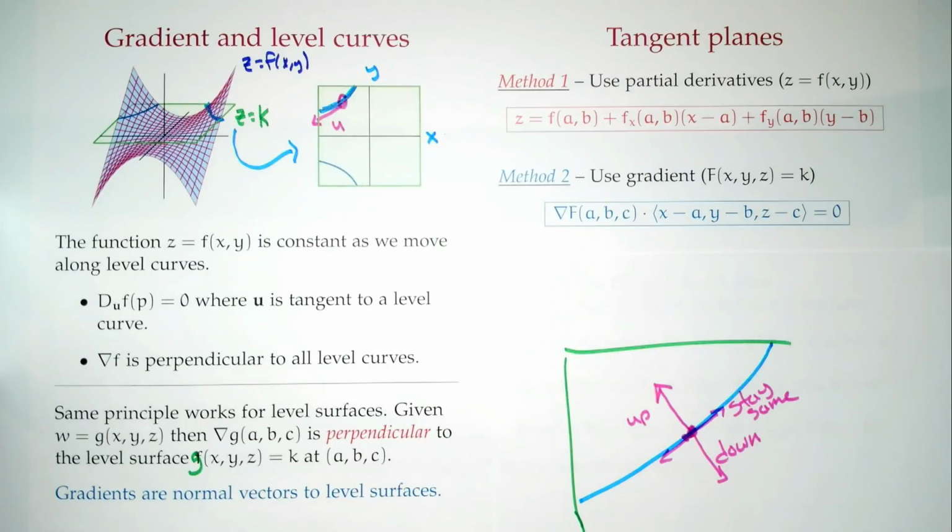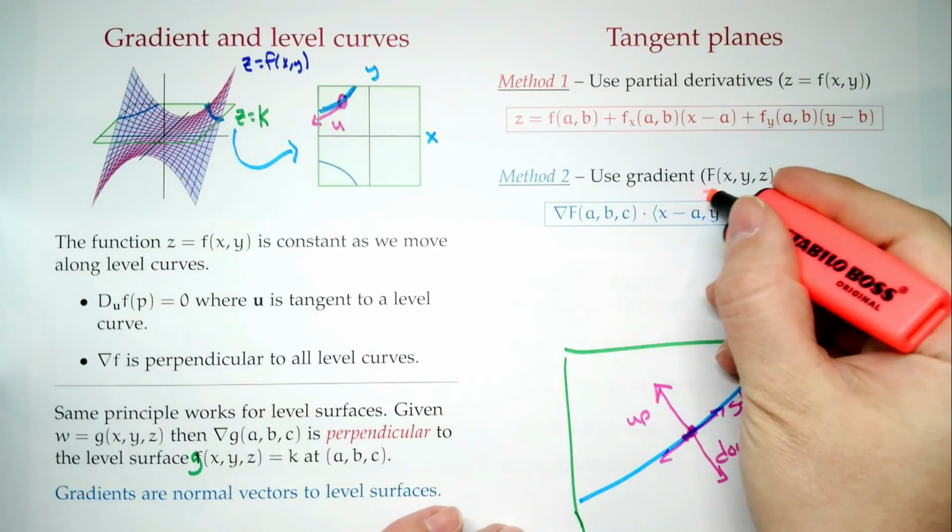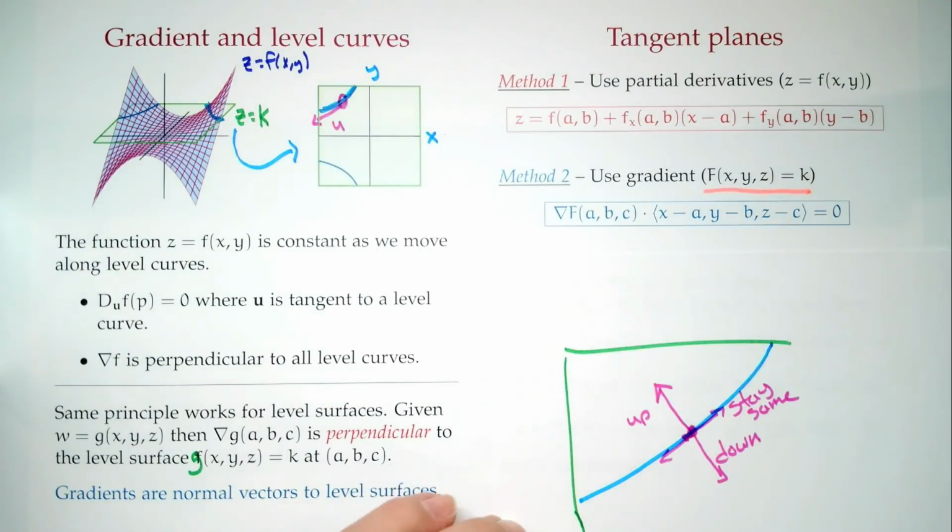Now there's a second method, and the second method is used in a slightly different setting. The first method is, suppose I have z written as a function of x and y. The second method says, suppose you don't have that. Maybe you can't even get it. But you have an expression of the form f of x, y, z equals k, where k is a number. Now, the key here is to say, wait a second, this f of x, y, z equals k is not just anything.